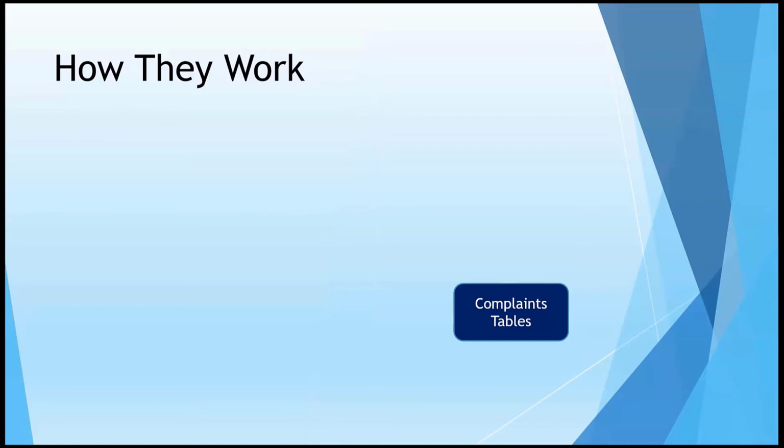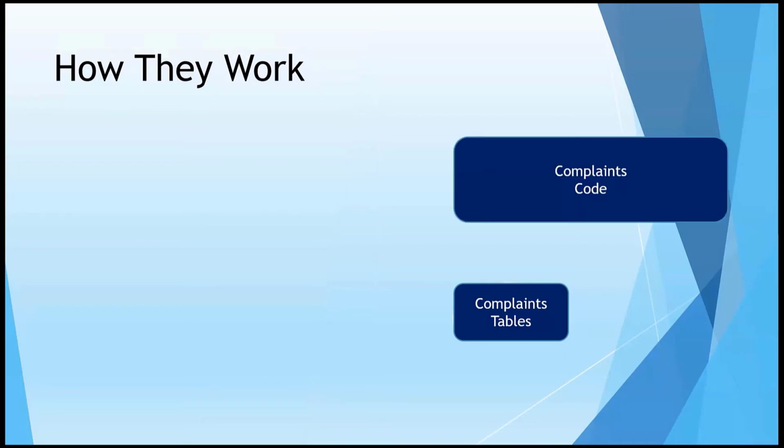So here, I'm trying to build a complaints database, and I've decided I want to split that out into 2 projects. So I've got one project here called complaints tables, and that's going to hold all of our tables. The second project called complaints code is going to hold all the views and procedures and everything else that sits on top of those tables. And then I set up a same database reference between the 2.